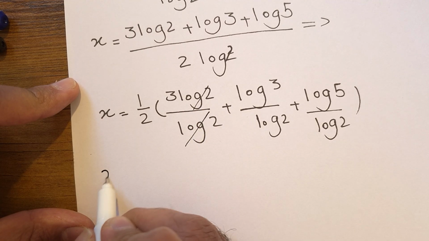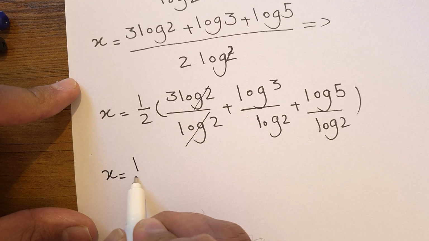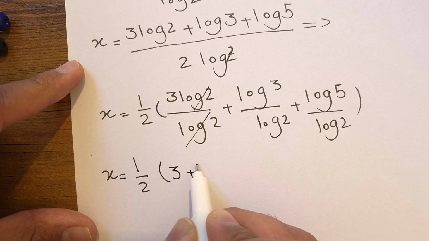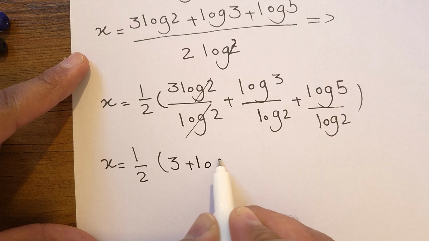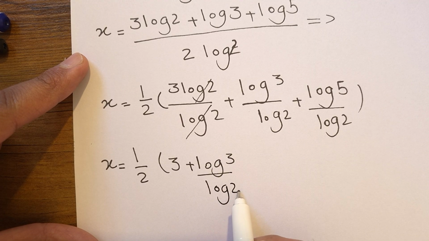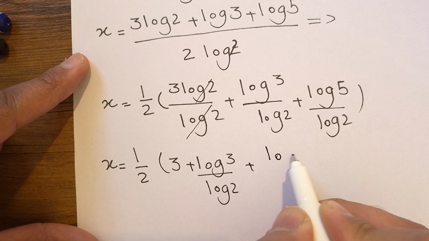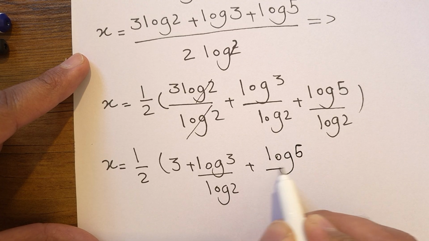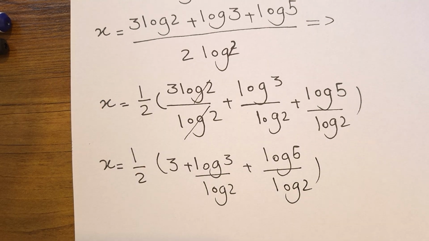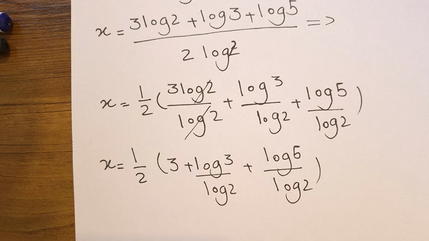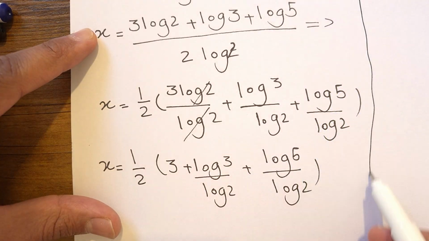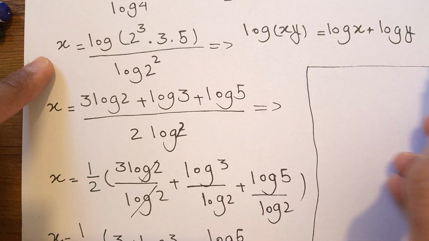Okay, so x equals 1 over 2 times 3 plus log 3 over log 2 plus log 5 over log 2. Okay, so what is next? We made it even more complicated, but that's the only thing. We use another rule here.